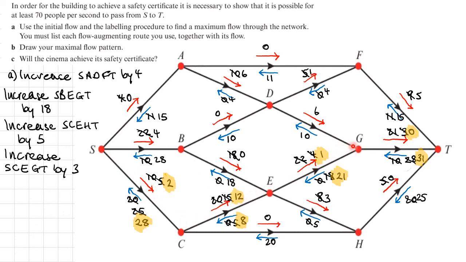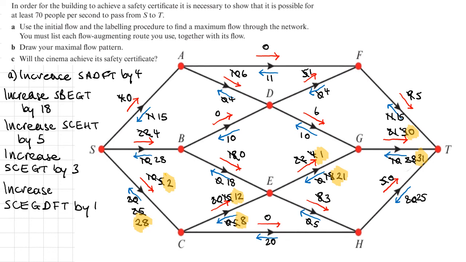We could go backwards along this route, G to D, forward along this route, and then forward from F to T. Since we've got 2, 12, 1, and then this way would be 10, we treat it as a forward arrow again, backwards along that route, 1 and 5, we can use that to get one more increase in our capacity.